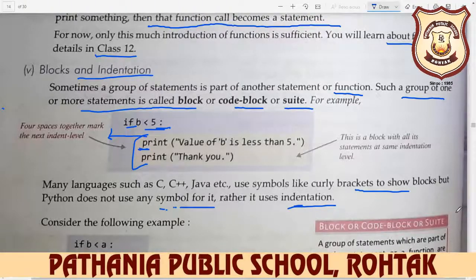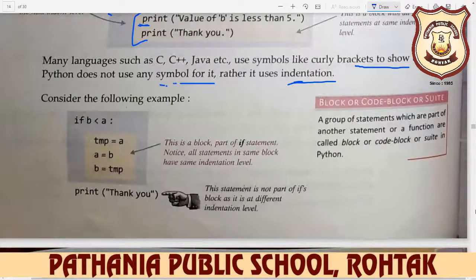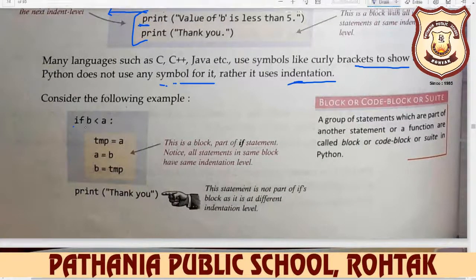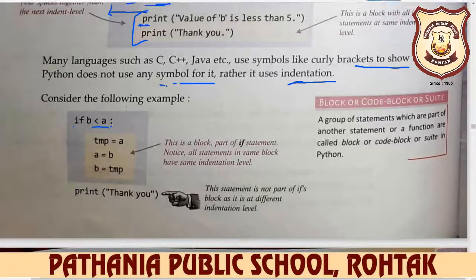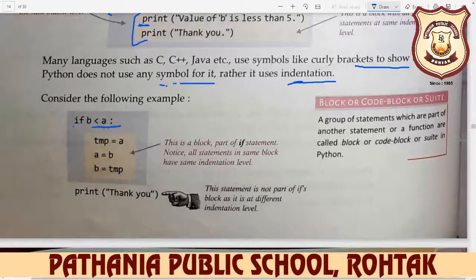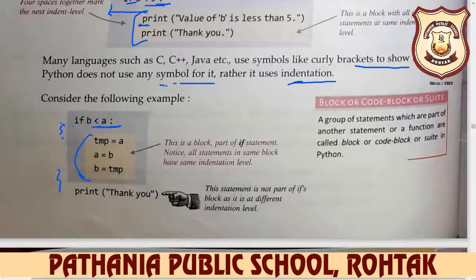For example, we take one more example here. You write if b less than a, then colon, and the part of this line is this complete block. So we don't need curly braces here. But when we work in C and C++, you require curly braces for the block.